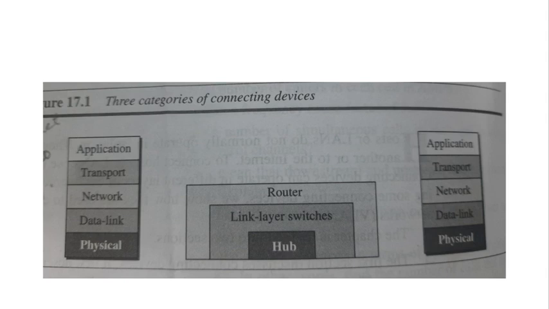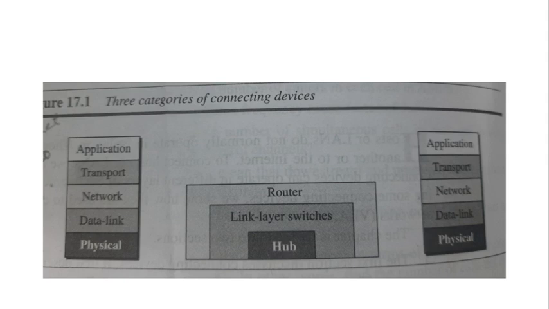This is the internet model, and we have these three types of connecting devices. We have the hub in the physical layer, that is the first layer of the TCP/IP model. Next we have the link layer switches, which operate in the second layer, that is the data link layer.